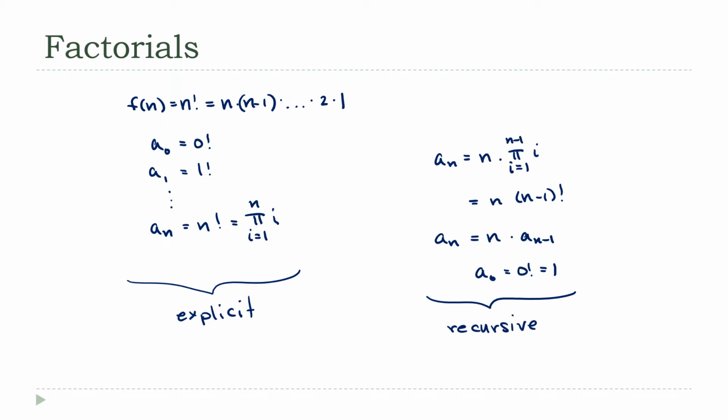Another thing I want to point out is that not only is the nth term defined in terms of the previous term, but it is also defined in terms of the position number as well, and that's okay. The key factor to a recursive definition is that the definition of the nth term has to include at least one previous term. If it includes other things, that's still okay.